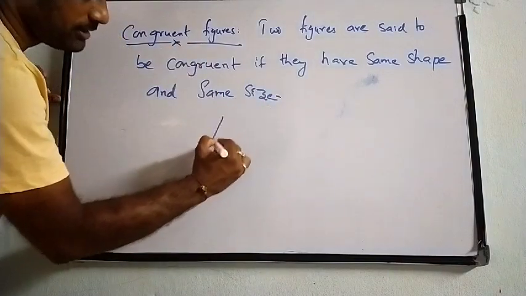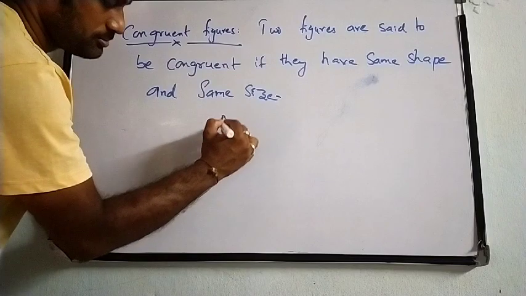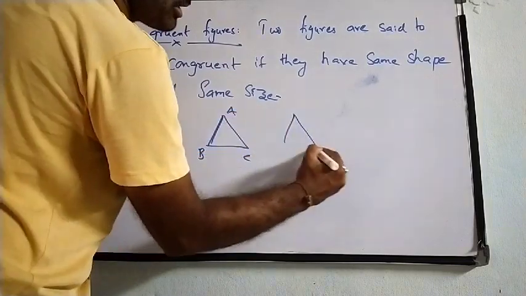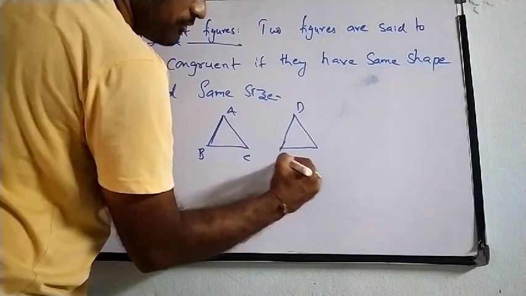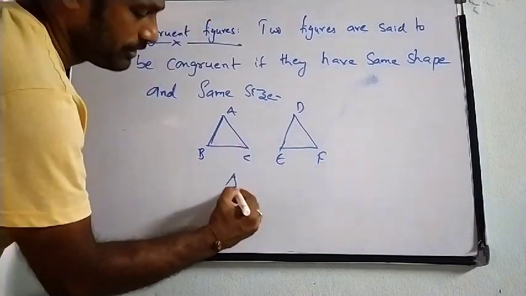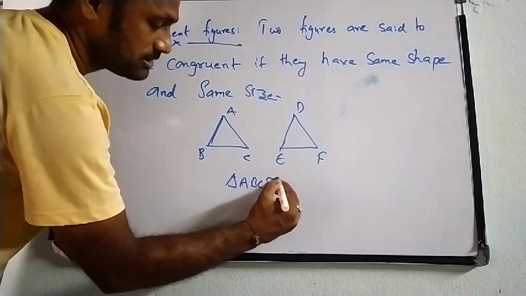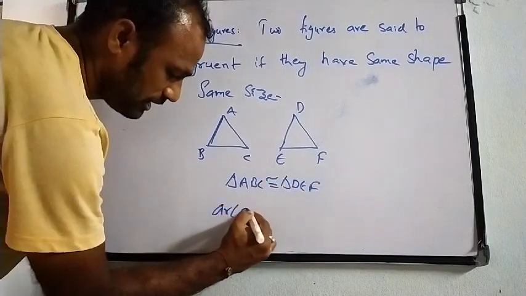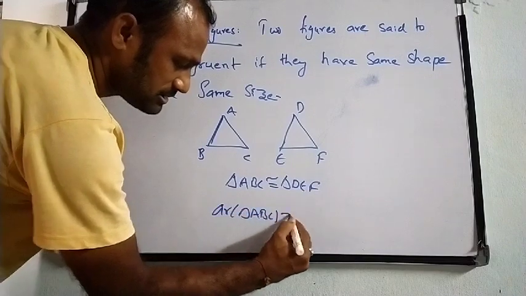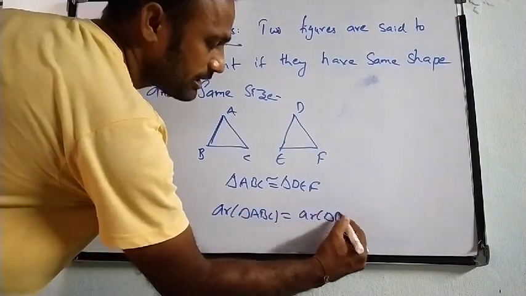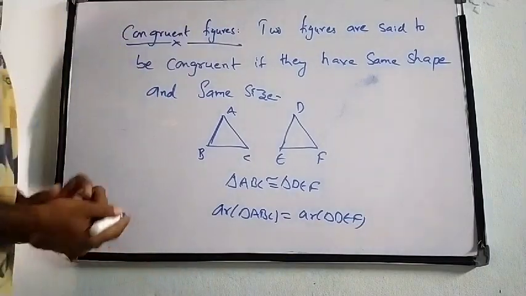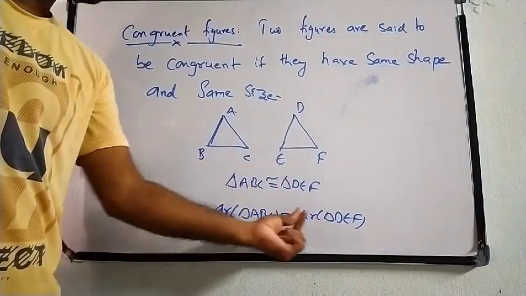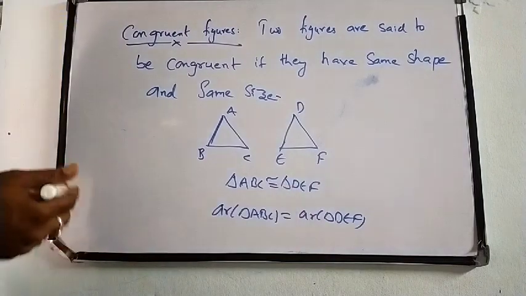So if we take triangle ABC and triangle DEF, if I say that triangle ABC is congruent to triangle DEF, then clearly we can say that area of triangle ABC is equal to area of triangle DEF. Why? Because two congruent figures will have the same area.